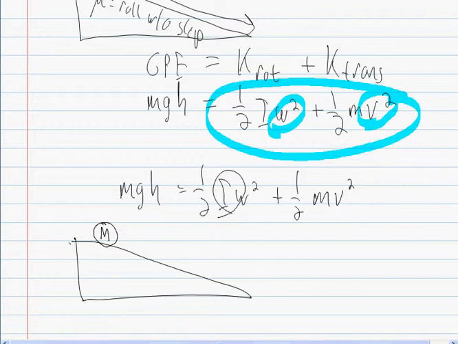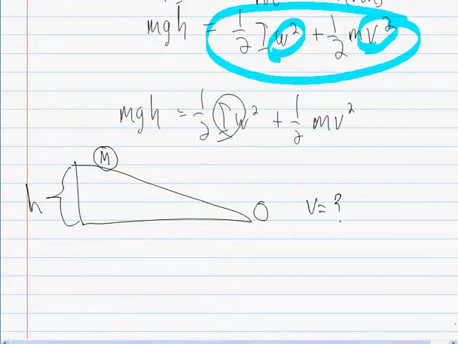And we'd like to know at the bottom what is v in terms of our givens. Well, we go back to this relationship: mgh equals 1/2 I omega squared plus 1/2 mv squared.